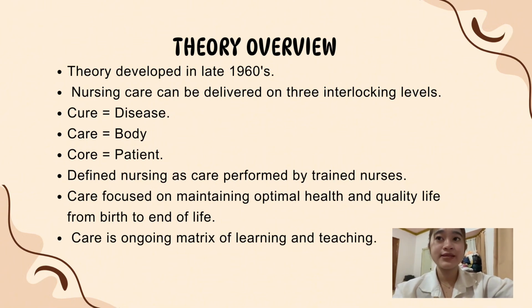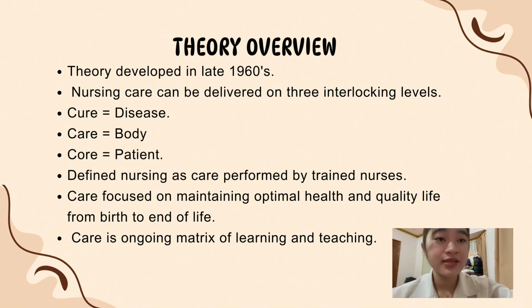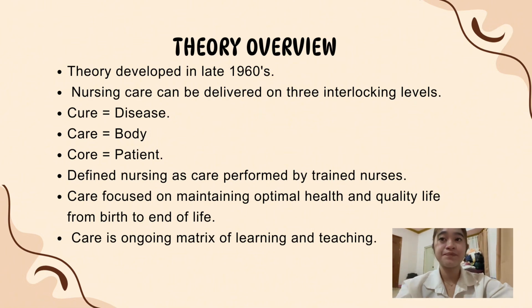So first, theory overview explanations. Lydia Eloise Hall's theory was made in the late 1960s. She said that nursing has connected parts: cure, for the illness; care, the nurturing of the body; and the core, the patient themselves. For her, true nursing is what is done by trained nurses who are knowledgeable and caring.